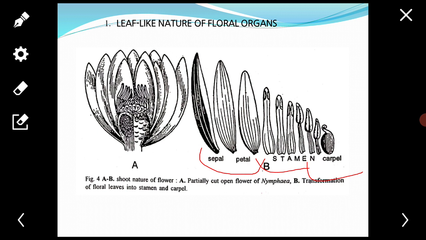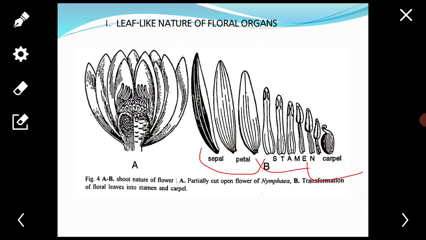It is presumed that during the course of evolution, stamens have transformed into petals. Similarly, in hibiscus or China rose, also some of the stamens have transformed into petals.